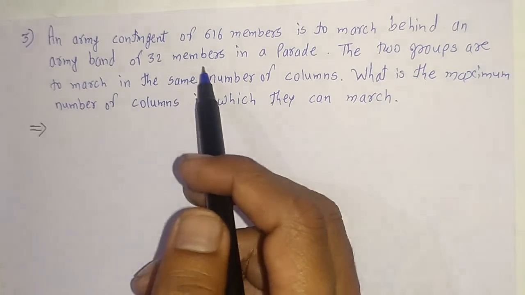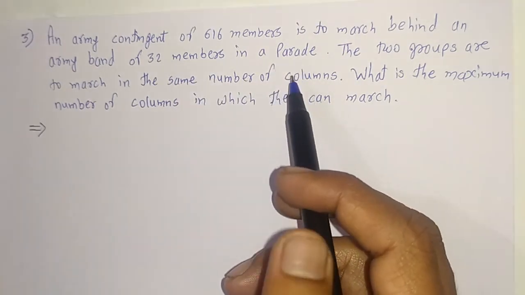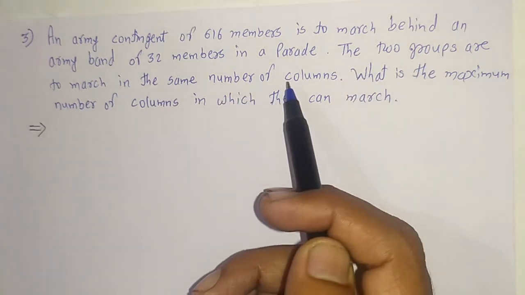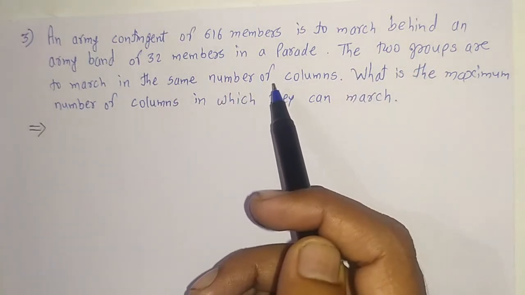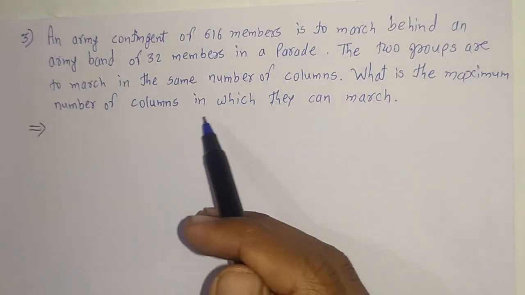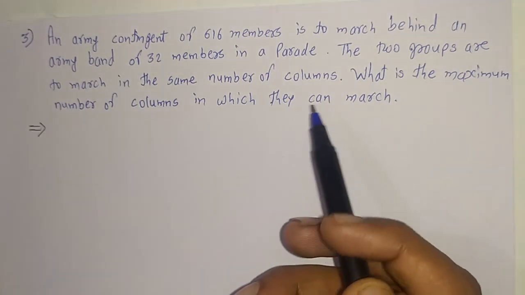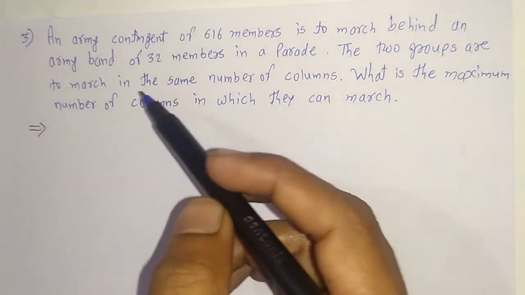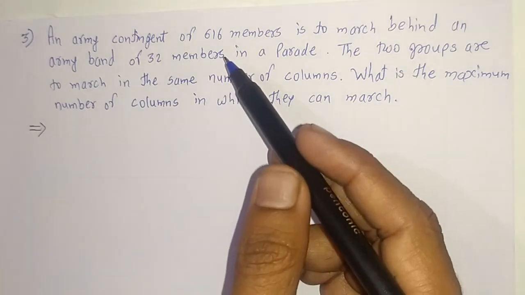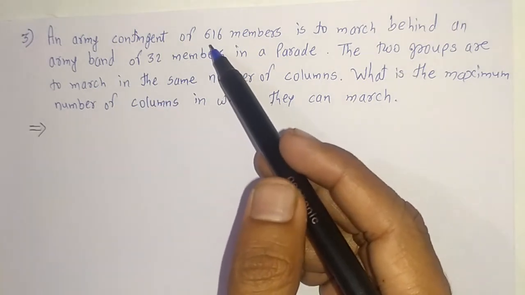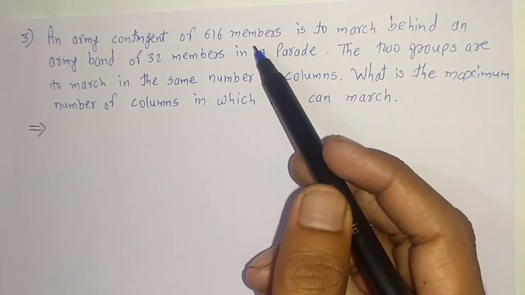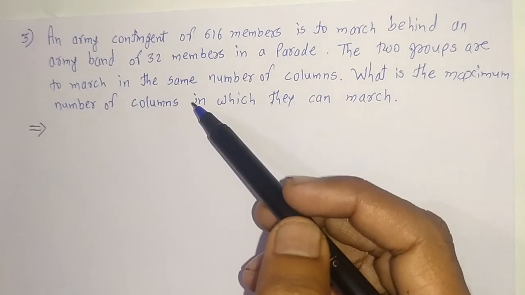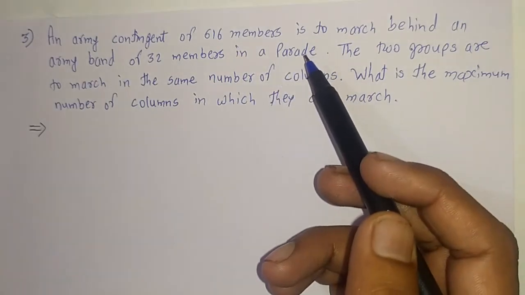These 32 members will be at the front and behind them will be the other 616 members. So you have to find out the maximum number of columns in which they can move.